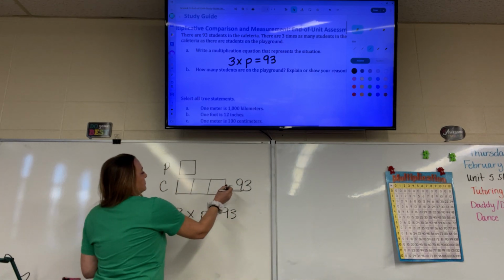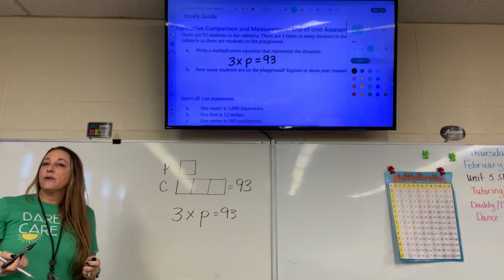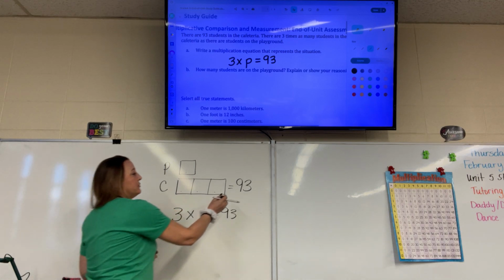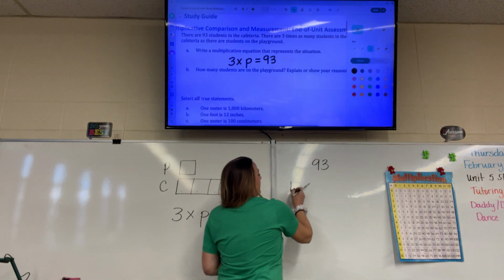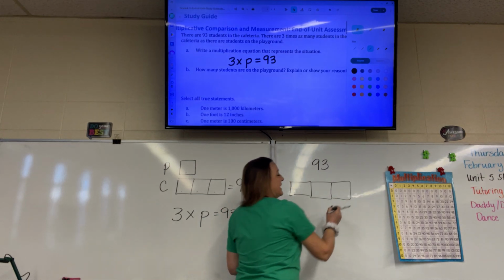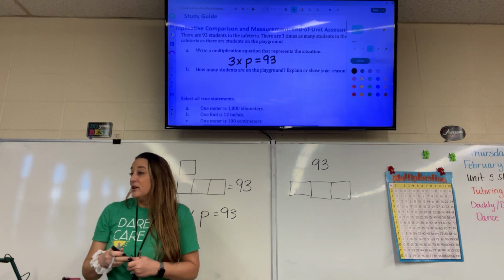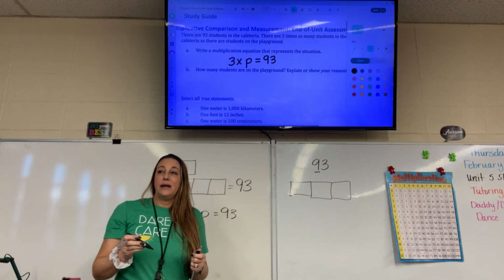So if it's in one box, it's in all the boxes. So to figure out what goes in the playground box, we have to, like Haziel said, divide 93 by 3, or split 93 into 3 groups. Now 93 is kind of cool because can you divide 9 by 3?